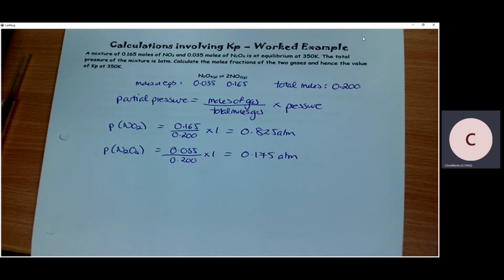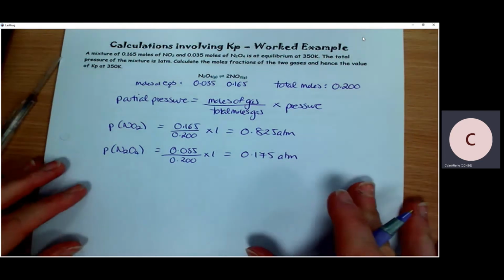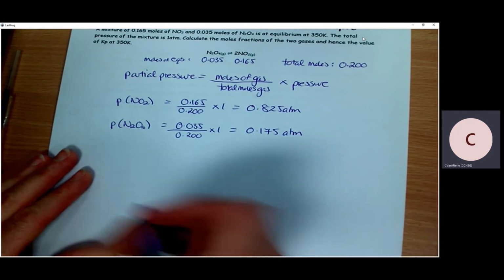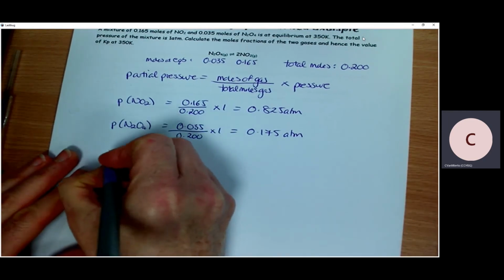Okay, so we've got the numbers up on the board there. So NO2 0.825 atmospheres, N2O4 0.175 atmospheres, and just double check they add up to the total pressure of 1. And then work out your KP expression and then work out your final answer.